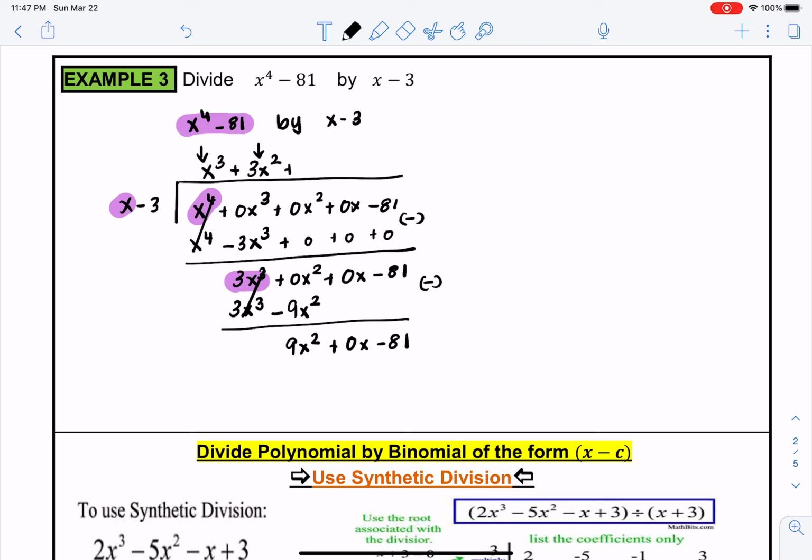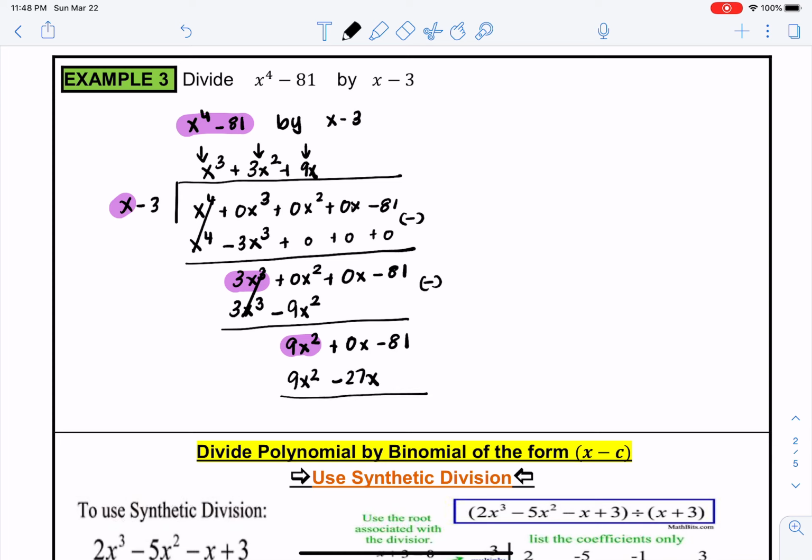We have to come up with an expression here so that when I multiply x by that expression, I get 9x squared. So that expression would be 9x. 9x times x is 9x squared. 9x times negative 3 is negative 27x.